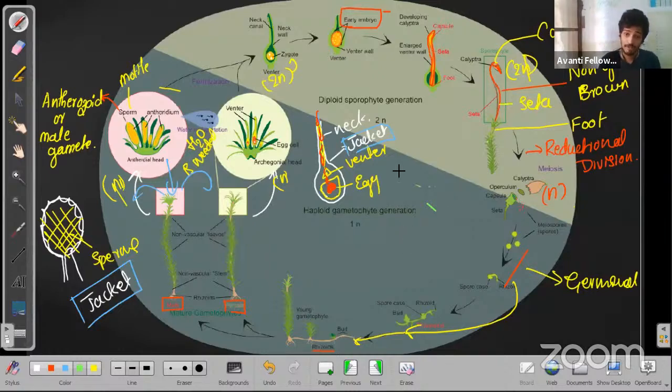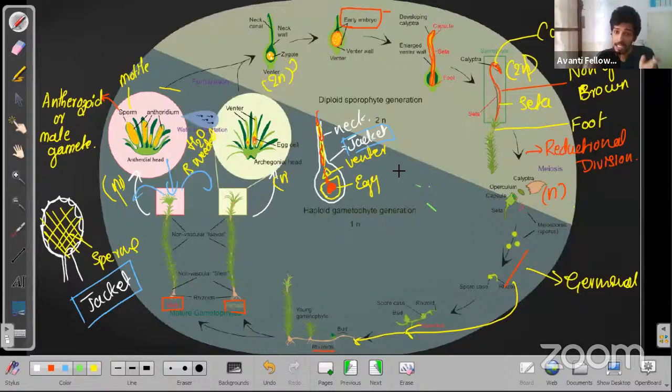Why is the gametophyte important? Because the sporophyte is completely dependent upon the gametophyte. Think that only spores are there and no sporophytes. Still, from the spores the gametophyte will come.